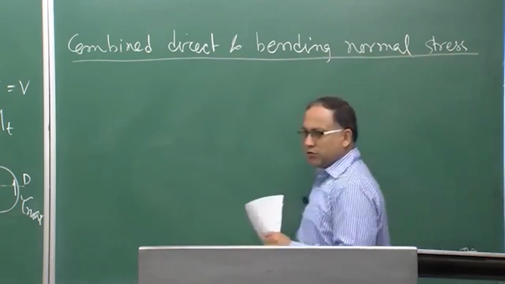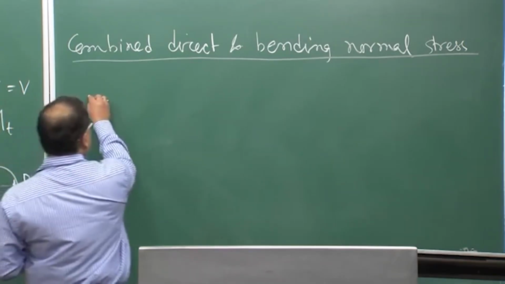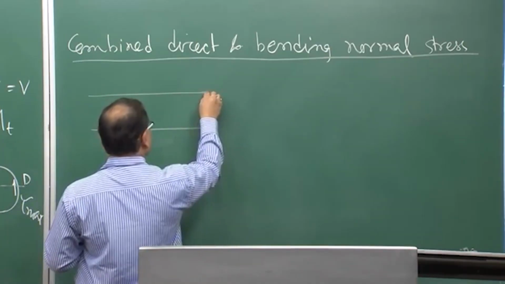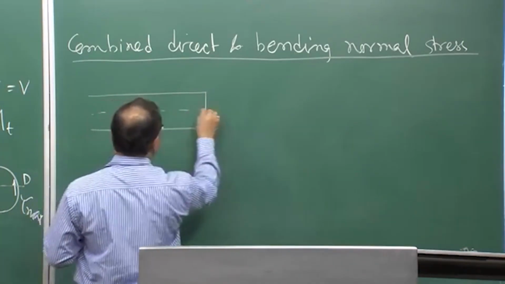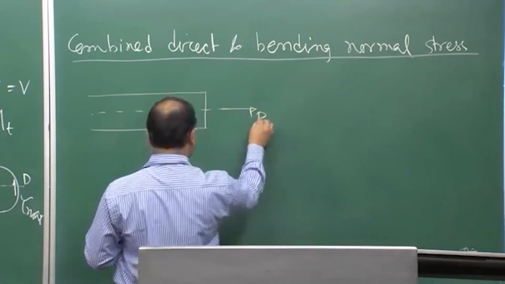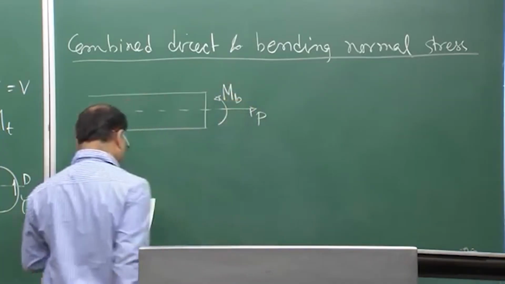You can have that also when you are combining the direct normal stress and the normal stress due to your bending. So, at that time what will happen, let us see. What does it mean? So, this is your slender member, this is the axis, say you are having axial force P as well as bending moment MB. So, both are acting together.